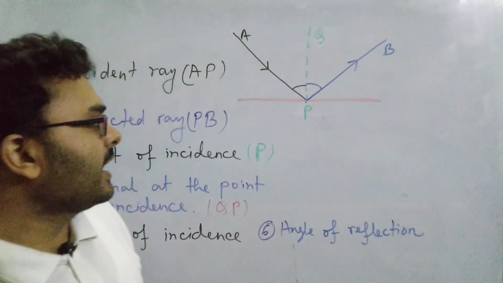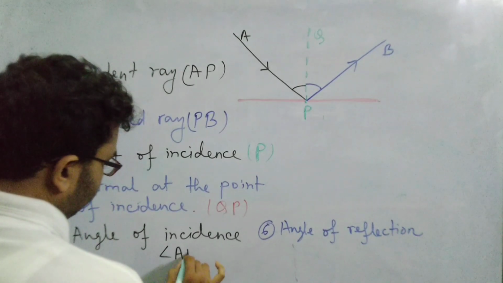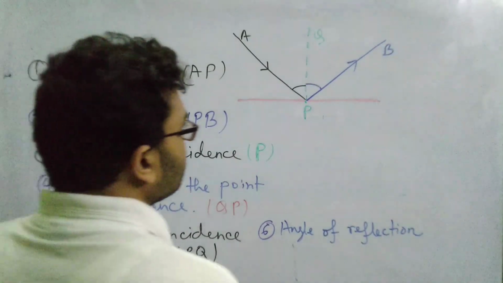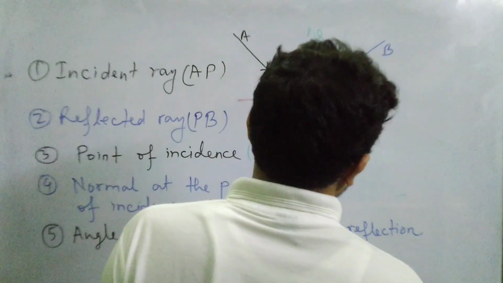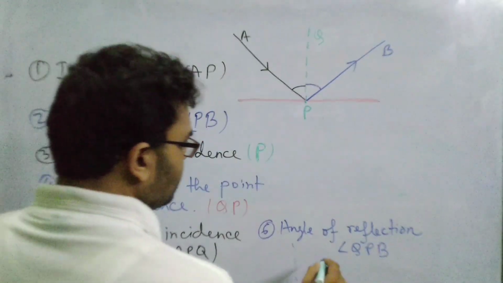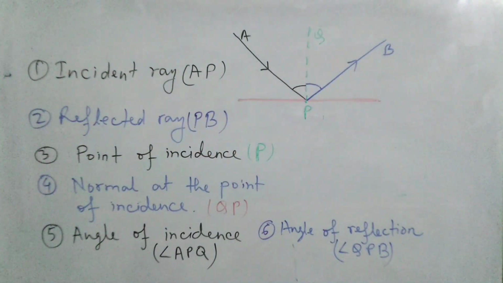So here, the angle of incidence is angle APQ, whereas the angle of reflection is angle QPB. Okay, so I think the definitions are clear and the terminologies are okay.